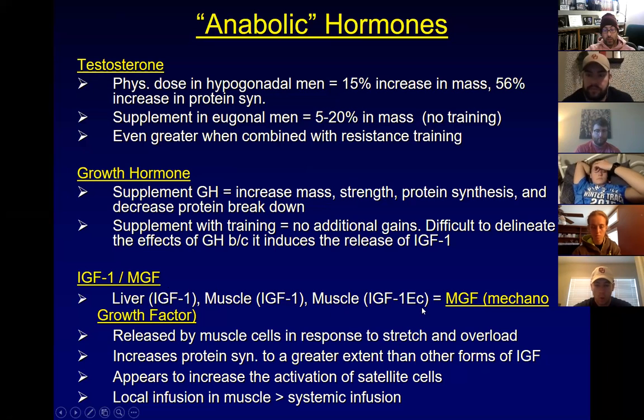Especially MGF, we know, is released by skeletal muscle in response to both stretch and overload. And MGF, if you inject it directly into a recently exercised skeletal muscle, is going to activate satellite cells, and it appears to increase protein synthesis to an even greater extent than the regular IGF-1 from the liver and the regular IGF-1 from skeletal muscle.